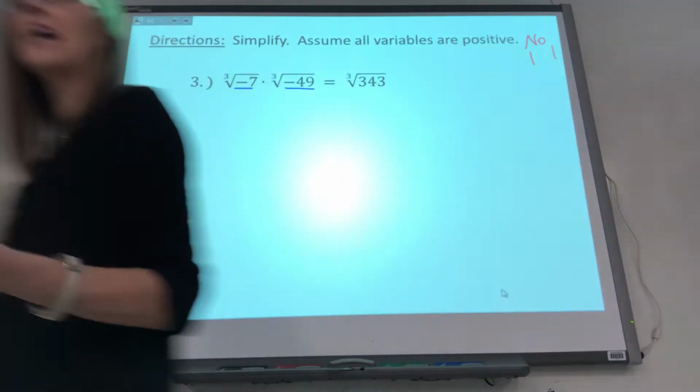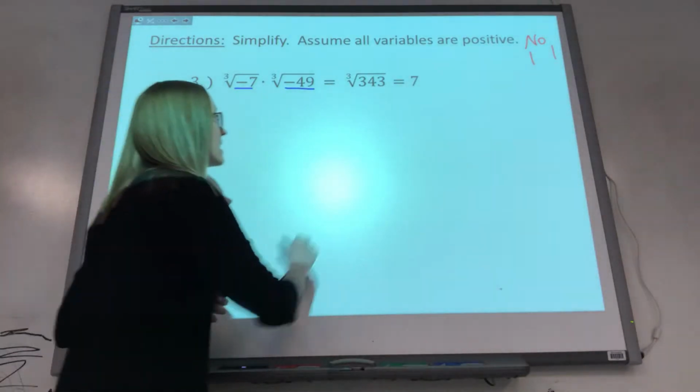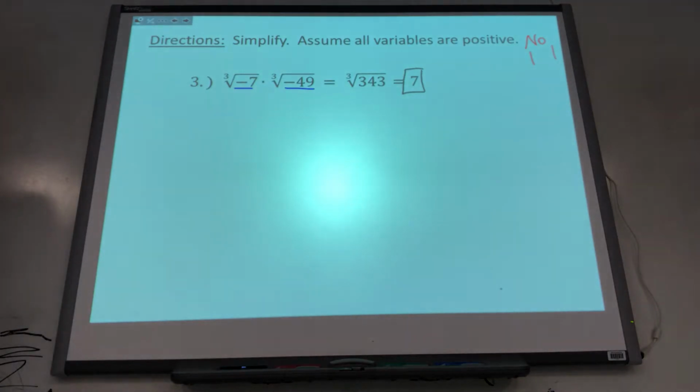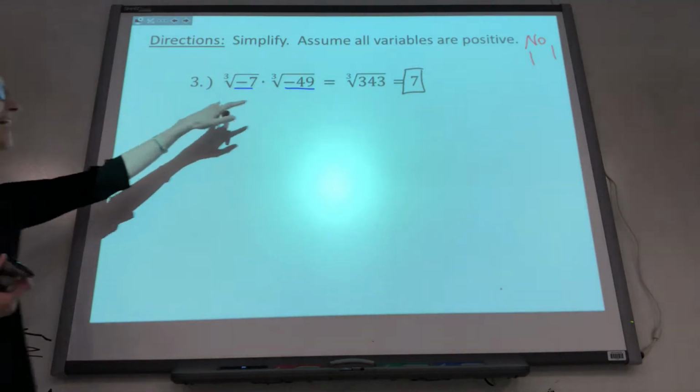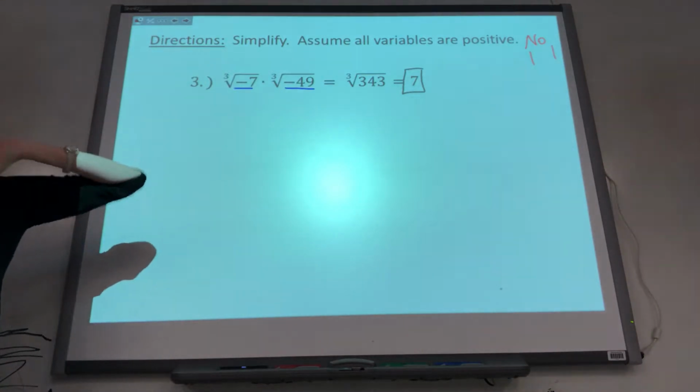Again, this might be on our list over there, but if not, we went through how to do cube roots on our calculators. If you can't remember how to do that, let me know. But the cube root of 343 does just work out to be a 7. Okie doke. So again, you may have done that part, or you may have just typed all of that in at one time.